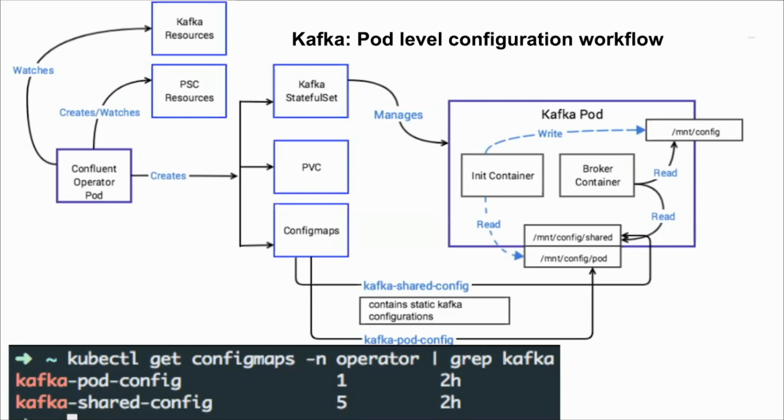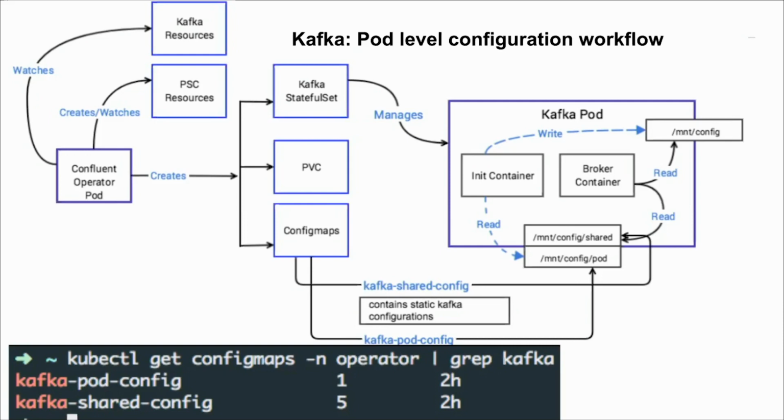Once these two config maps are created, we run an init container. The init container has the capability to read pod configuration, which is a kind of templating engine. So we run some templates, and the init container runs those templates, which have the pod ID information, because it requires the ID and the cluster domain.